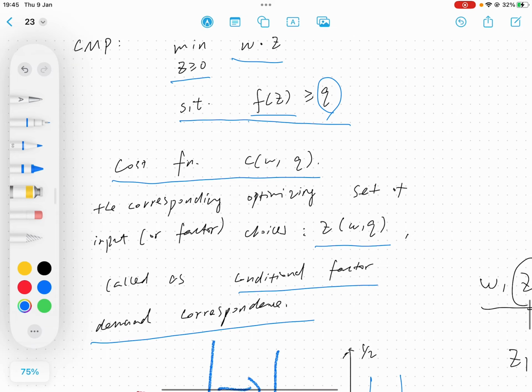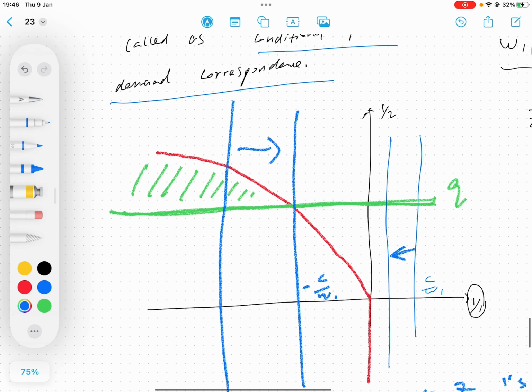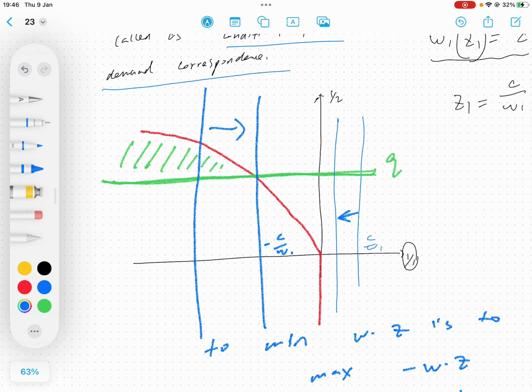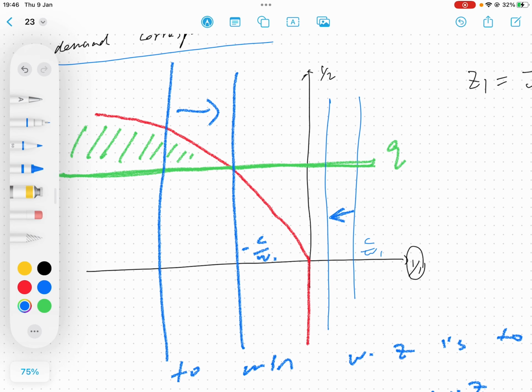Next, let's look at a picture which helps illustrate the idea of this problem. The area just below this red line is our production set, capital Y. Remember, our objective is to minimize the cost.